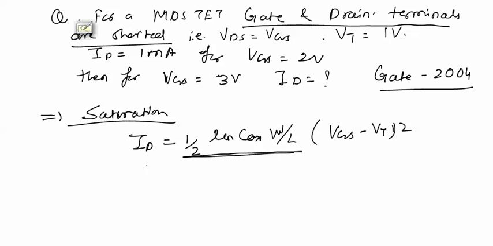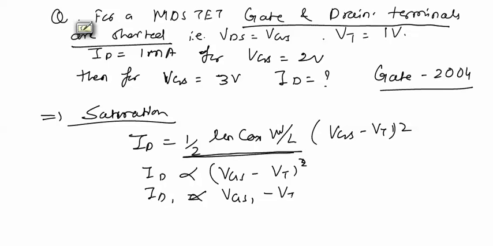This will be a constant, so ID is directly proportional to VGS minus VT whole square. ID1 will be directly proportional to VGS1 minus VT whole square. ID2 will be directly proportional to VGS2 minus VT whole square.